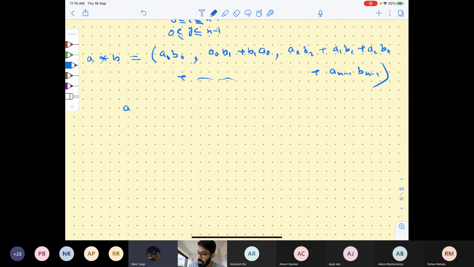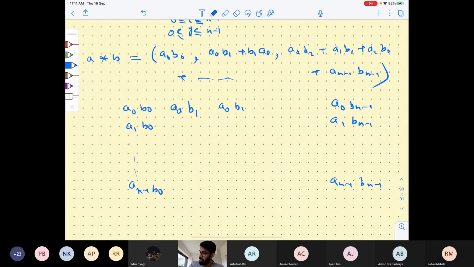Now another way to look at this is, you write these products in a row: a0 b0, a0 b1, a0 b2, and so on up to a0 bn minus 1, then a1 b0 through a1 bn minus 1, and then an minus 1 b0 through an minus 1 bn minus 1.